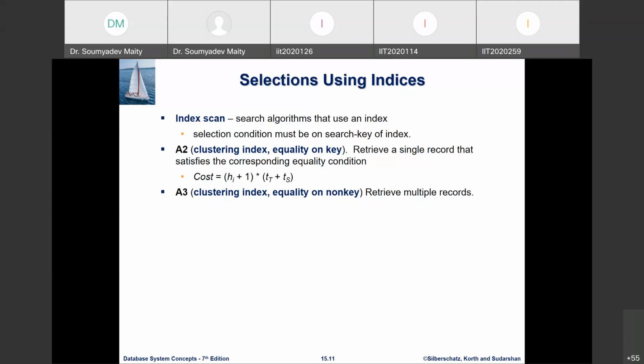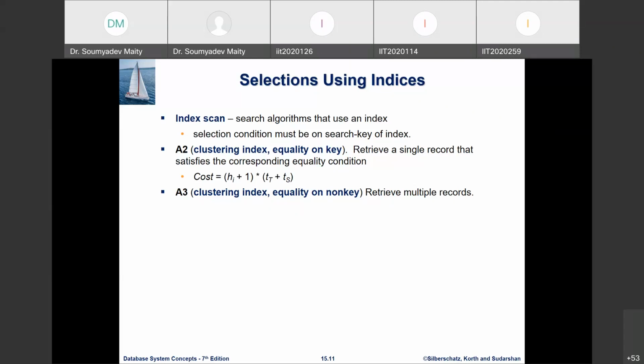Now once you have reached the leaf node, you get the pointer to the actual data block, the actual record. So you have to do one more block access to get the actual record. That will require another block transfer and another seek. So a total of hi plus 1 into Tt plus Ts time will be required.